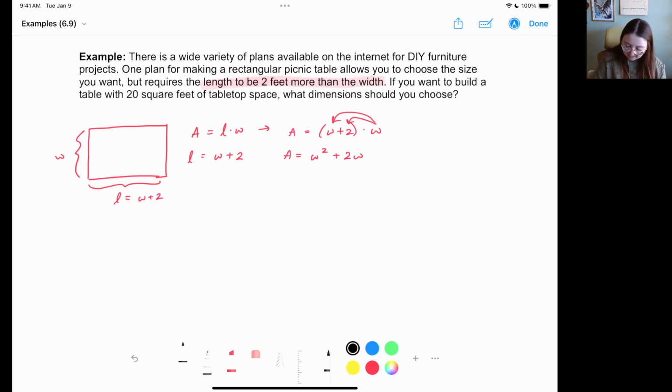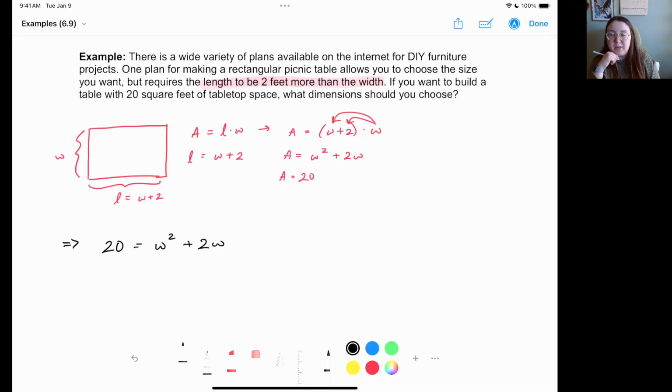Now we're also told that area equals 20. So this leads us into our equation. 20 is equal to width squared plus 2 times the width.